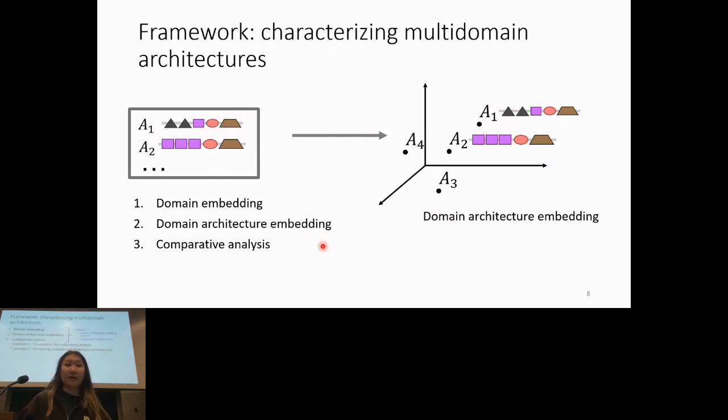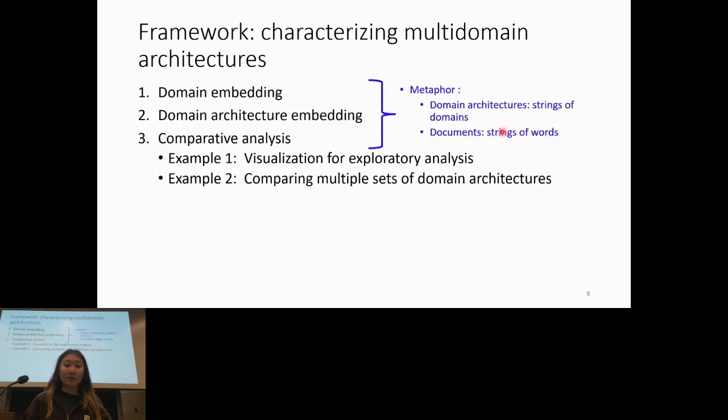To do this, I'm going to use this metaphor. Domain architectures are sequences of domains, and documents or sentences are also sequences of words. And so I thought, why don't we use information retrieval or natural language processing techniques to put our domain architectures into high-dimensional space?